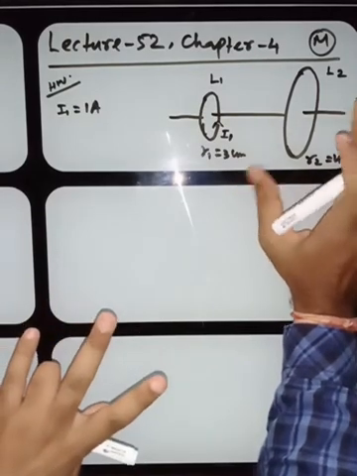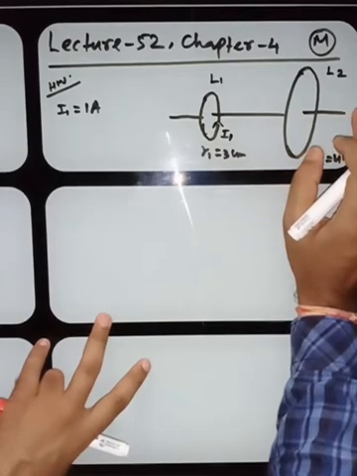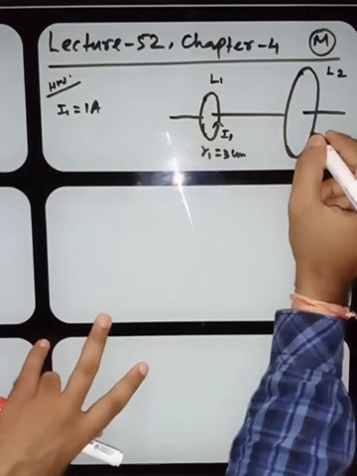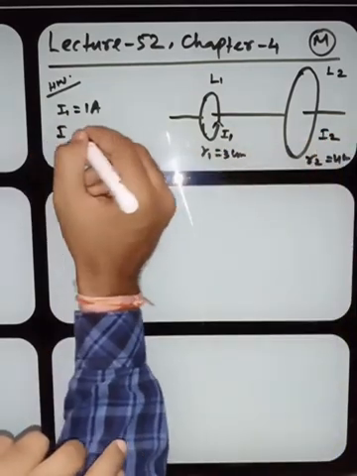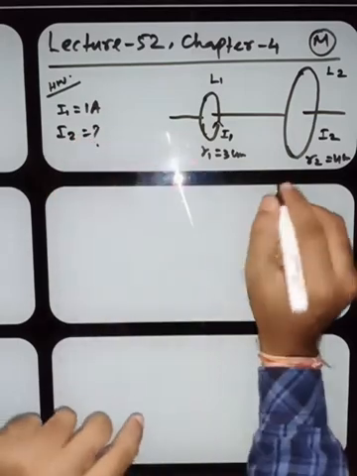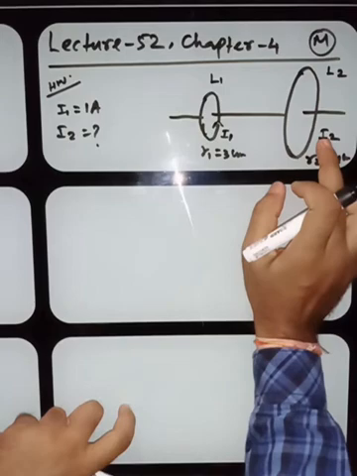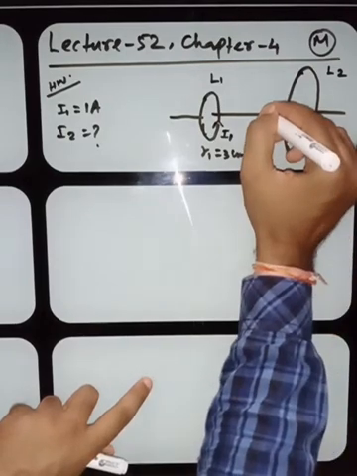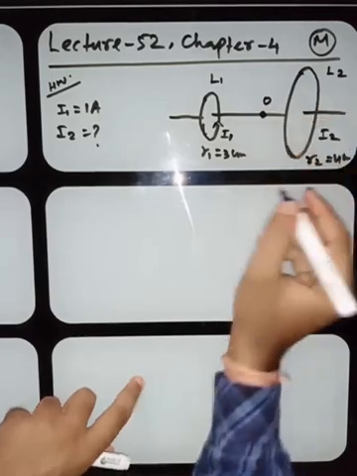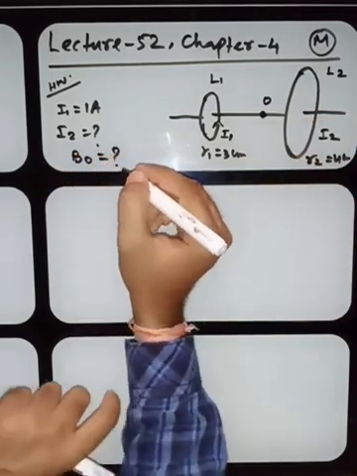What should be the magnitude and direction of current in this coil? You have to find it. If here the current is I2, I'm not giving the magnitude and direction, what will be the magnitude and direction of current in L2 so that B at O will be 0? Net magnetic field will be 0.